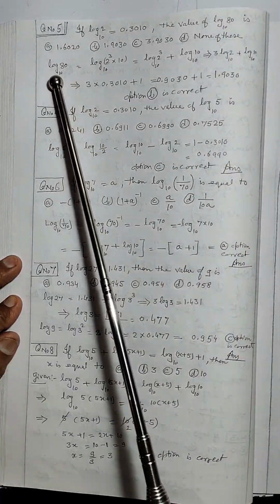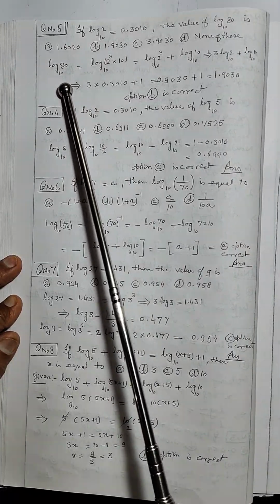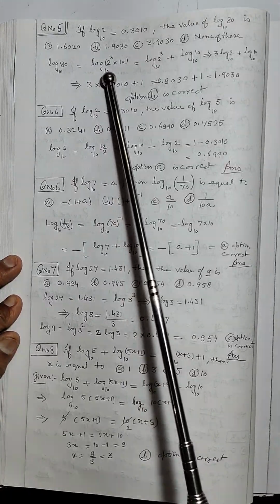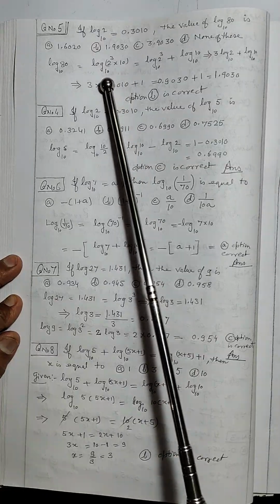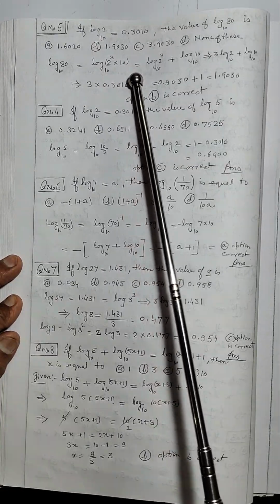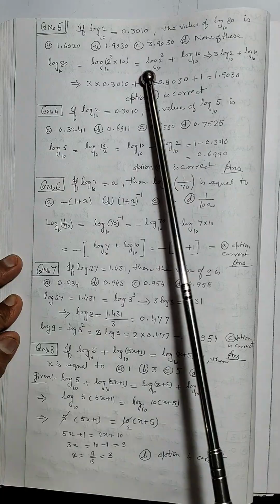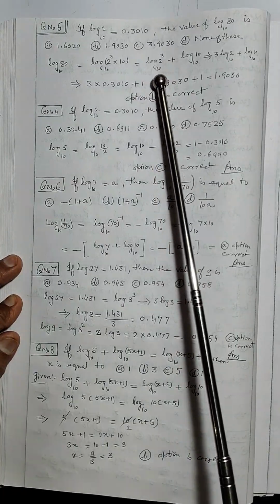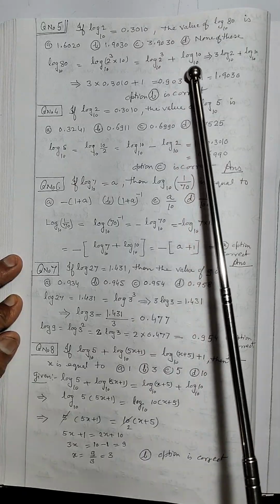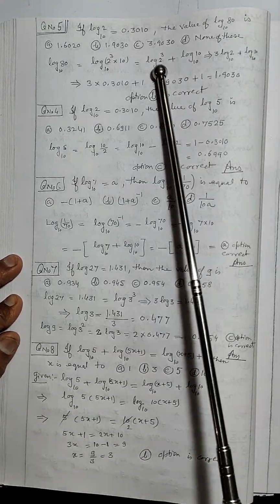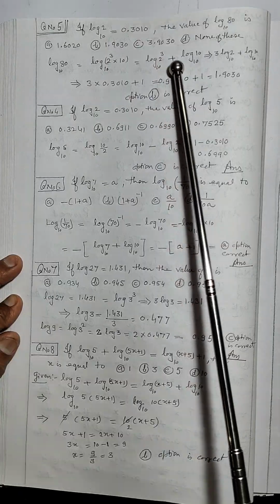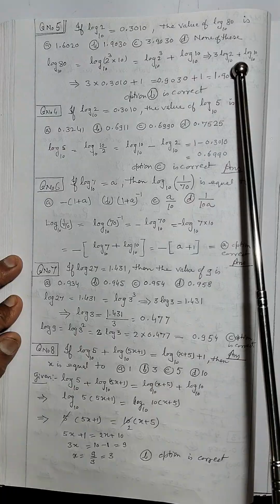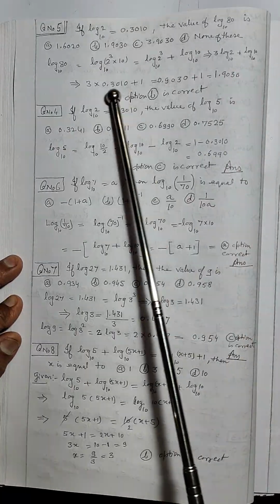Now we can work out log of 80 to the base 10; it can be written like this: log in bracket 2 raised to power 3 into 10 to the base 10. That can be written again like this: log of 2 raised to power 3 to the base 10 plus log of 10 to the base 10. Here 2 has power 3. This can be written like this: 3 log of 2 to the base 10 plus log of 10 to the base 10.